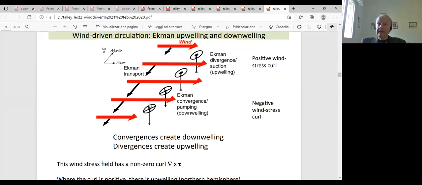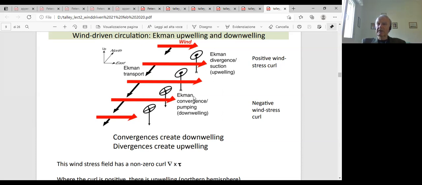Okay, and so let's see a very simple example which is associated to the zonal distribution of the wind field. If you look at this as a maximum zonal wind in a certain latitude, and it goes down equatorward and goes down poleward.